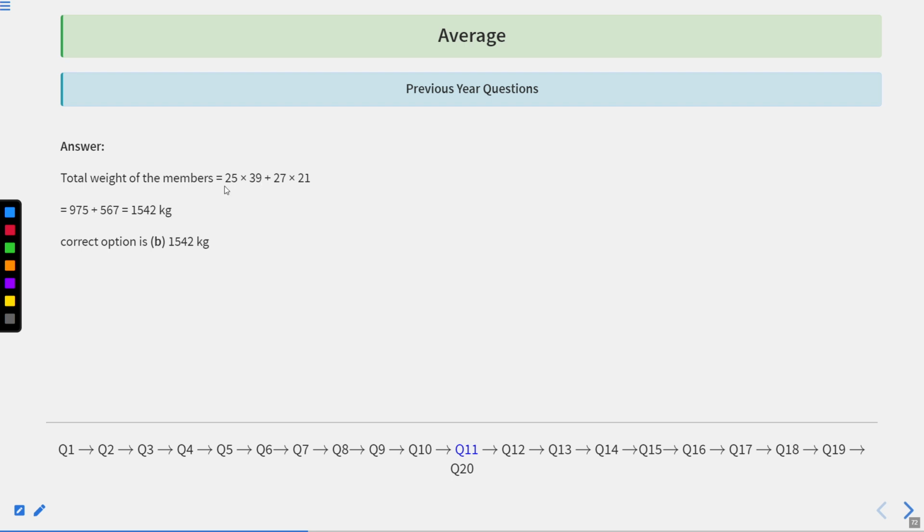So that is exactly what we are doing here. So the total weight of members is 25 times 39 plus 27 times 21. So that is going to be 975 plus 367 and that is equal to 1542 kgs. So that will be option number B, 1542 kgs.